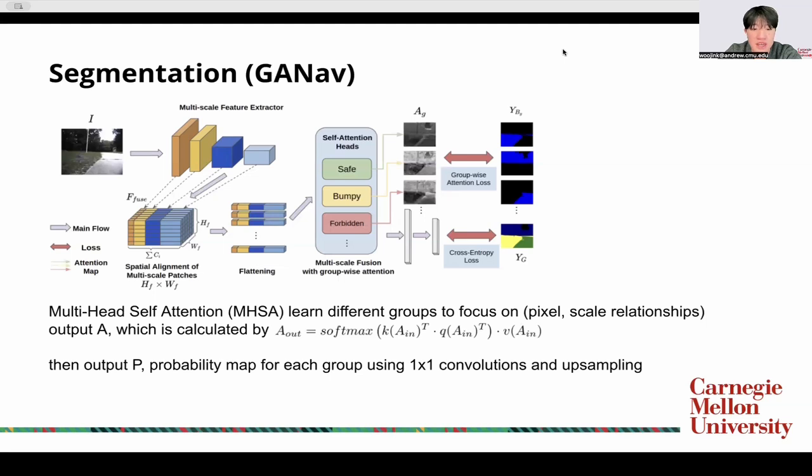It outputs A, which is calculated from the K, Q, and B values. And then it outputs P, the probability map for each group, using 1x1 convolutions and upsampling from the output A.